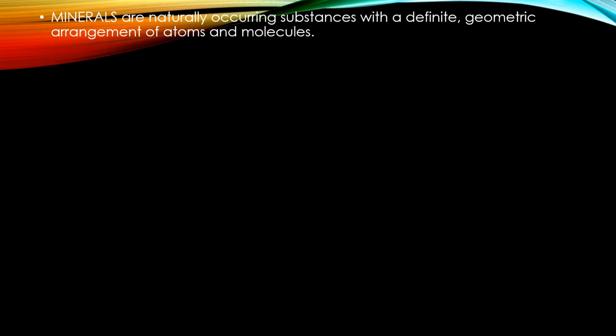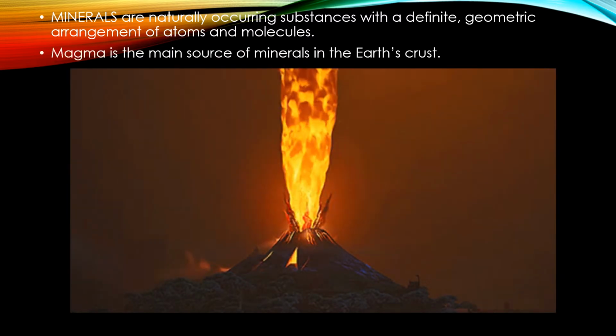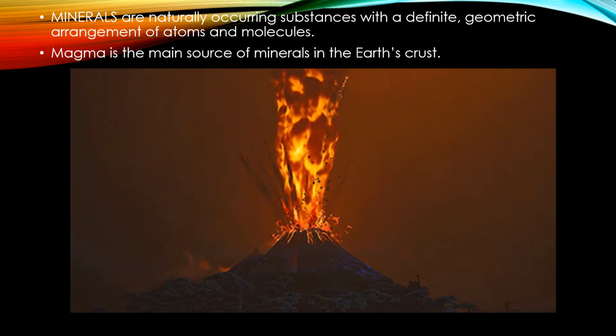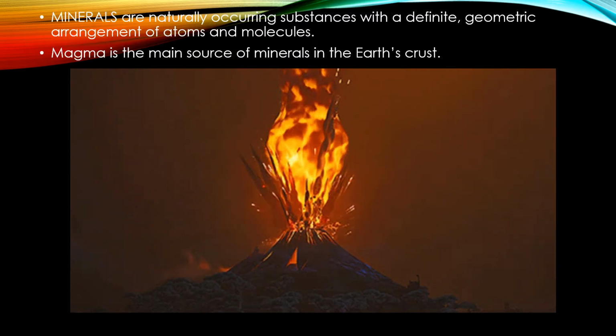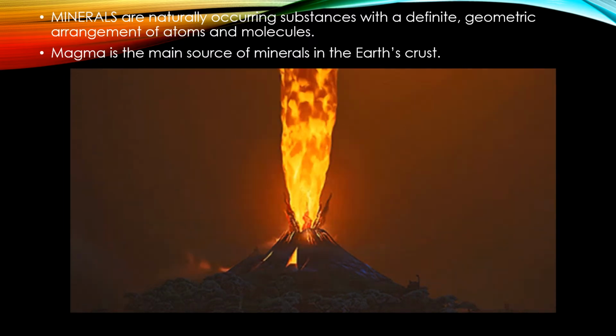Minerals are naturally occurring substances with a definite geometric arrangement of atoms and molecules. And magma is the main source of minerals in the Earth's crust. So through magma, it can create crystals.